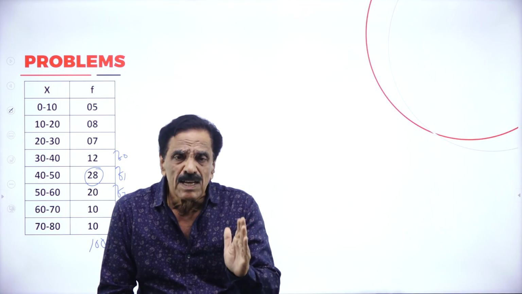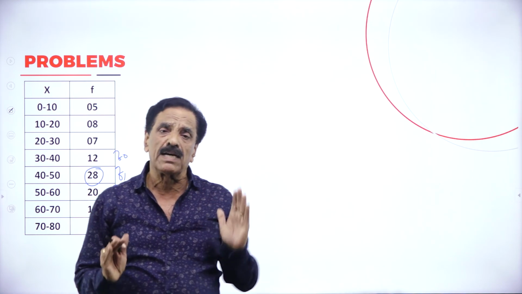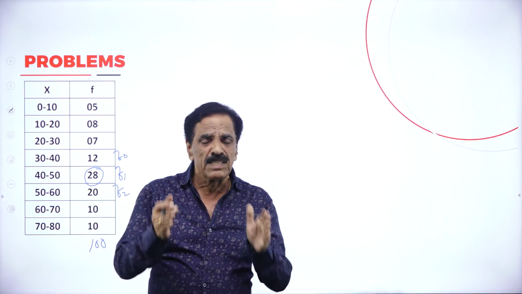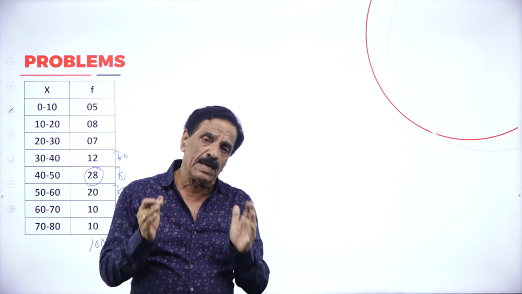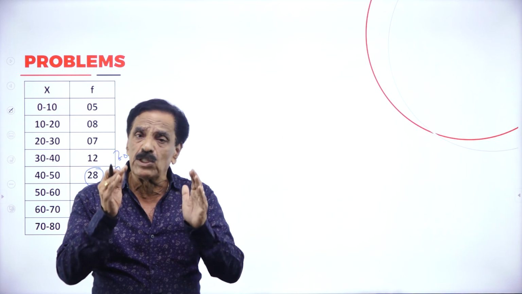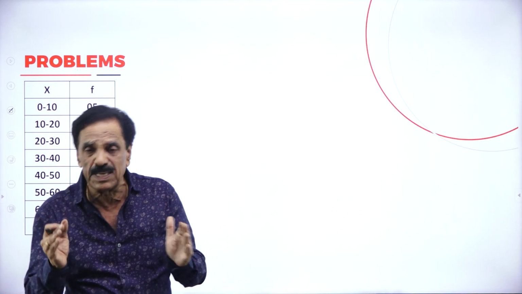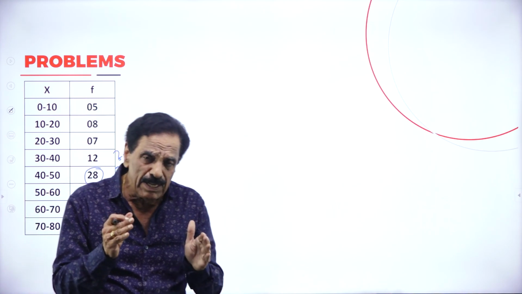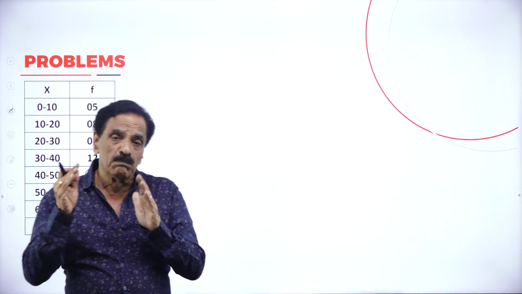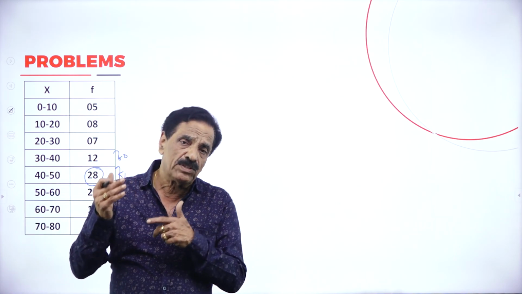What is mean? A plus or minus sigma fd divided by n into c. For the median, first find n by 2 in the cumulative frequency. Then apply the formula. Median is equal to L1 plus n by 2 minus Cf over f into c.